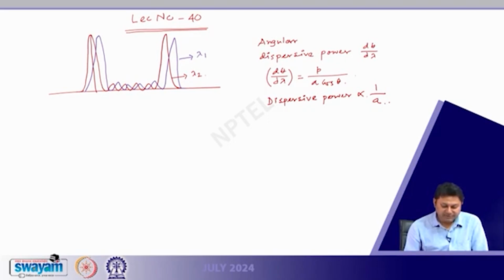In the case of 1000 per centimeter, for the same order, the angular separation will be much more in the grating having more rulings.